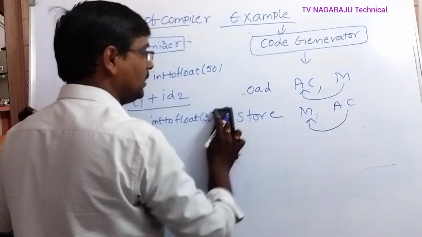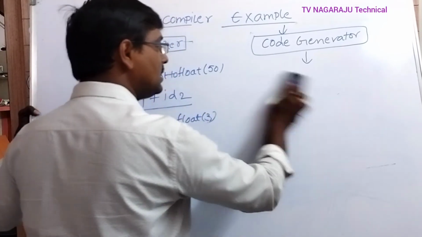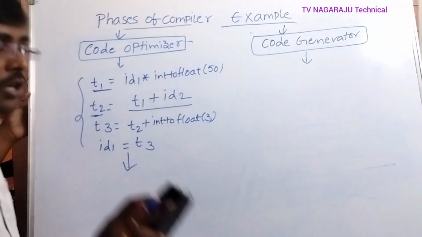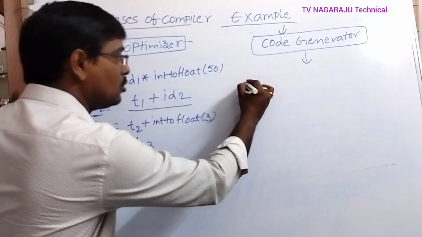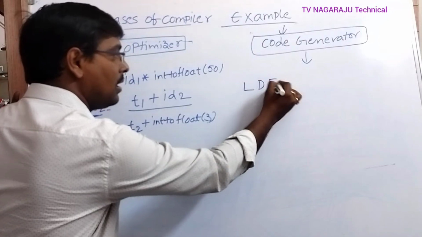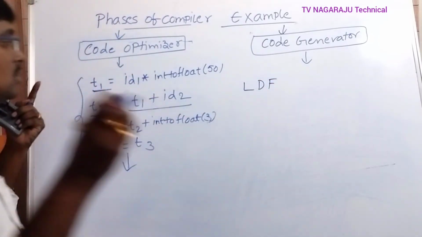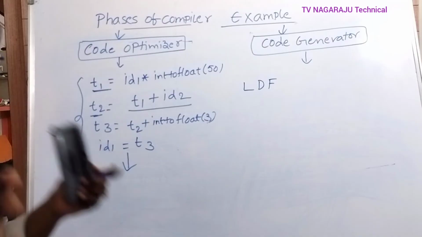Everything is possible. Actually, load is represented as LD, store is represented as ST, and along with we are using LDF. F is the sense it is used to store floating point numbers.